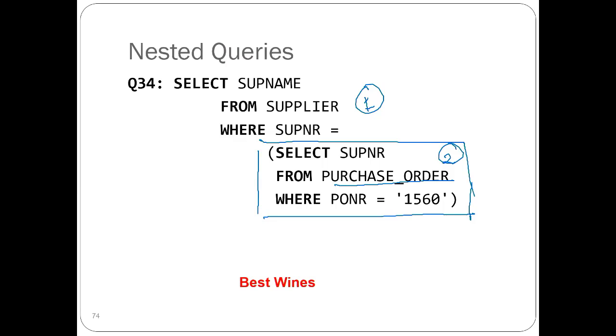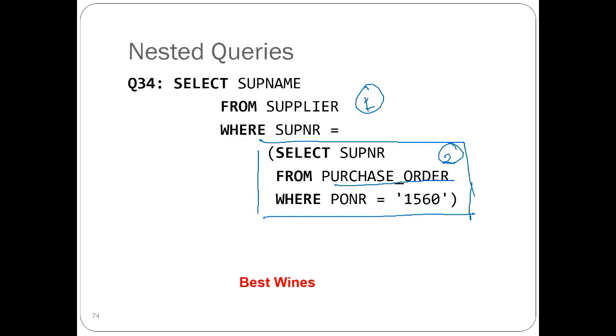So what is our SQL query doing here? We are selecting supplier number from our purchase order table where PONR, what is PONR? Purchase order number, okay, where purchase order number is 1560.